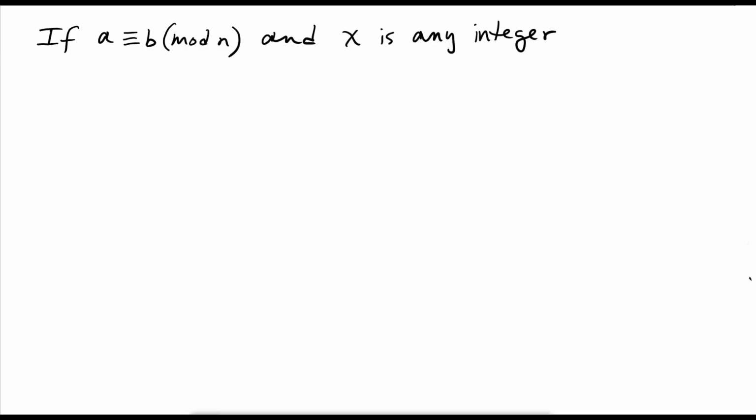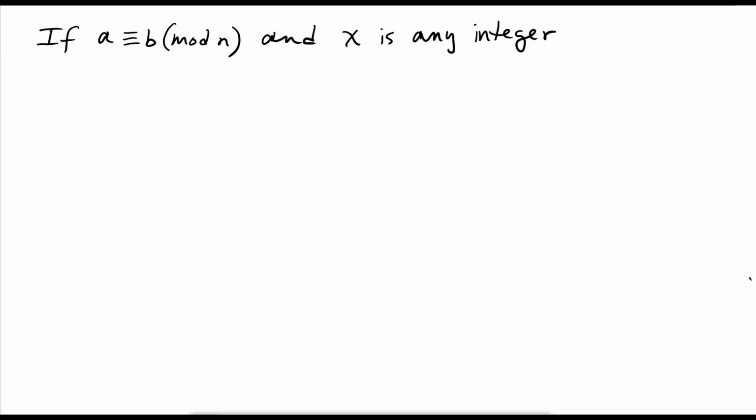All right, so we have a few properties that we need to talk about. We have something called the addition property, and it says if A is congruent to B modulo n, and you have an integer, well, you can add that integer to both sides of your congruence.